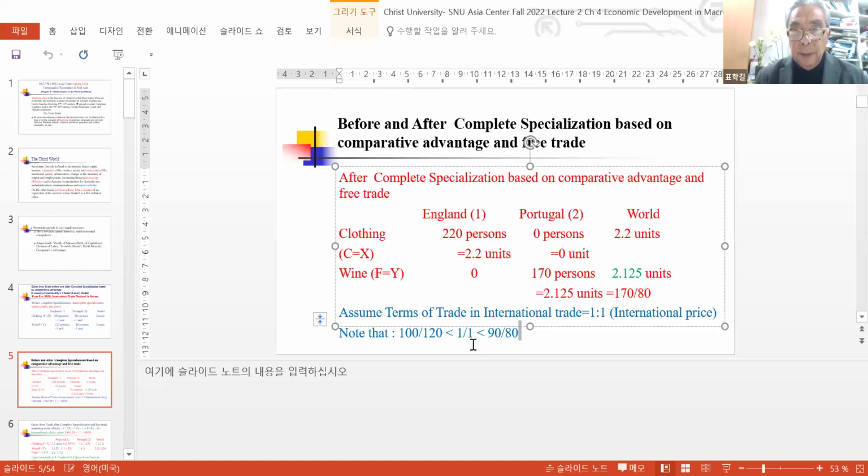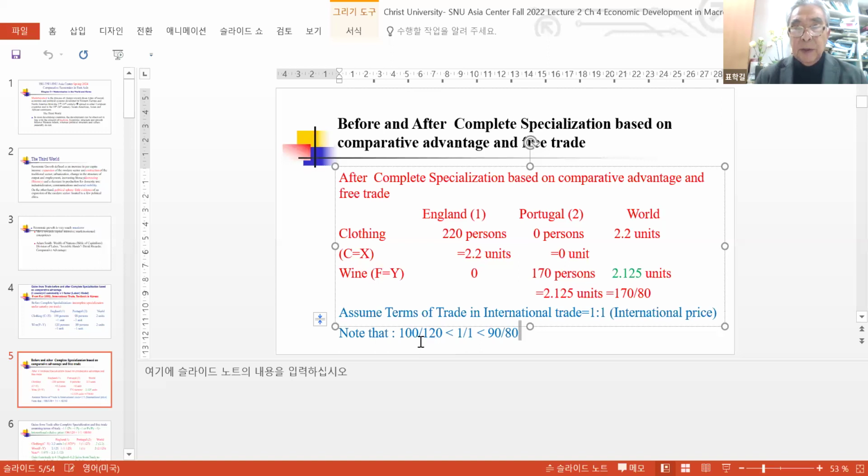It is a deliberately chosen assumption, because the opportunity cost of producing clothing in England is 100 divided by 120, Portugal 90 divided by 80.